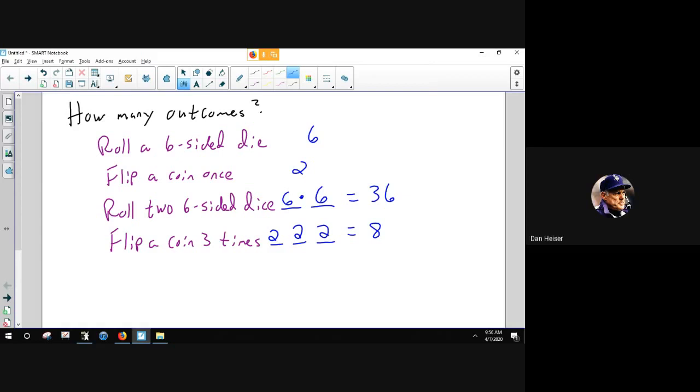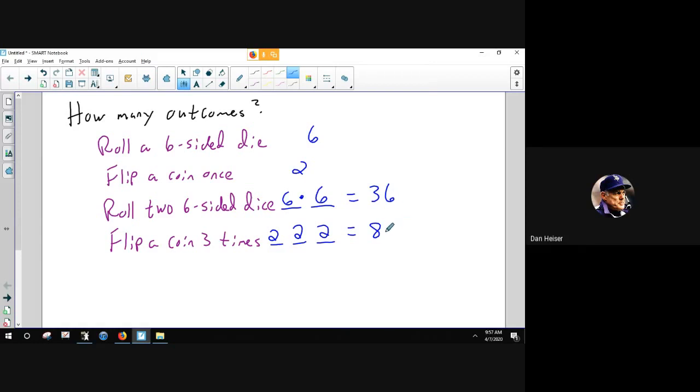So this is a little taste of what's to come in this unit. One of the main focuses in this unit is counting. We've essentially counted the number of ways to do something. Count the number of ways to roll a number on a 6-sided die. Simple. Count the number of ways to flip a coin: 2. 36 different ways to roll 2 dice that are 6 sides each.